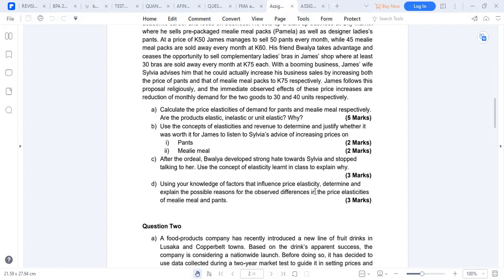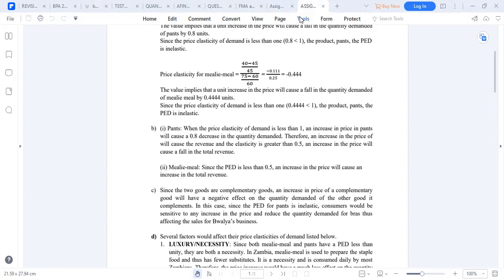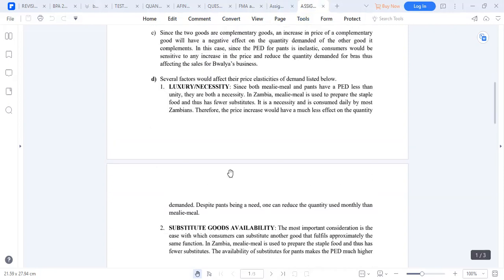Then finally, explain your knowledge of the factors that influence elasticity and determine and explain the possible reasons for the differences you've observed in the price elasticities of mealie meal and pants. Okay, so the factors that affect elasticities are quite many. There are several factors. So we're going to list luxury or necessity. Since both mealie meal and pants have elasticity less than one, they're both what?